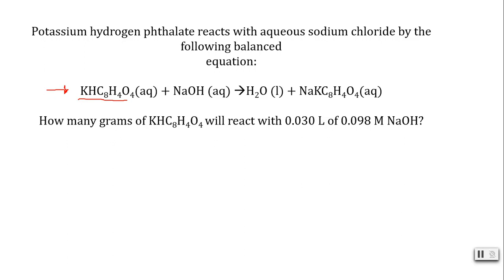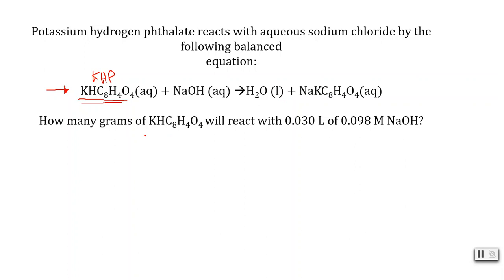But it's just an acid-base reaction where I have this potassium hydrogen phthalate, which sometimes we abbreviate as KHP. This is the molecular formula for KHP. That KHP reacts with sodium hydroxide to give you liquid water and a salt.